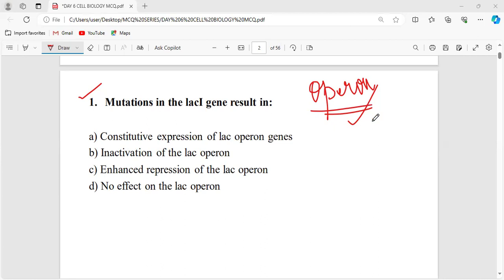Coming back to the lac operon, operons generally happen only in prokaryotic organisms, and there are different types of operons. We are going to study mainly the lac operon and the tryptophan operon. Tell me which operon is considered a go operon and which is considered a stop operon.